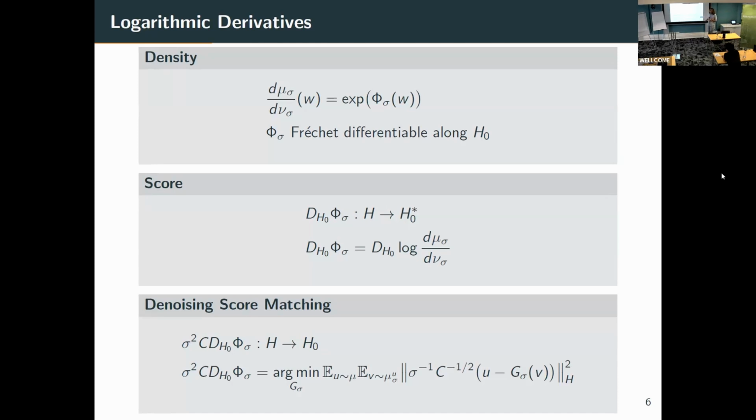Once I have this, I can define a score, right? The score will simply be the log of the density, which is nothing but the potential, and then differentiate it along the Cameron-Martin space. Okay, so now I can get a score, or a logarithmic derivative, as it is sometimes called, which is a mapping from my space H into the topological dual of the Cameron-Martin space.